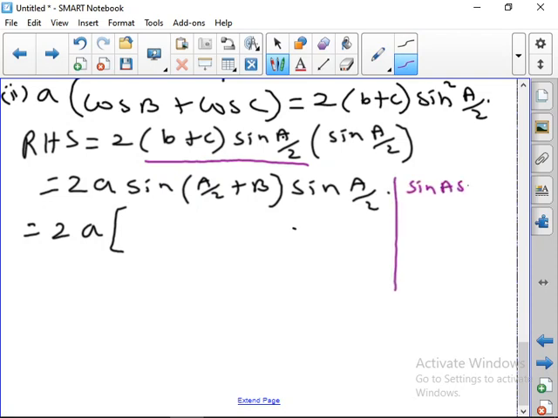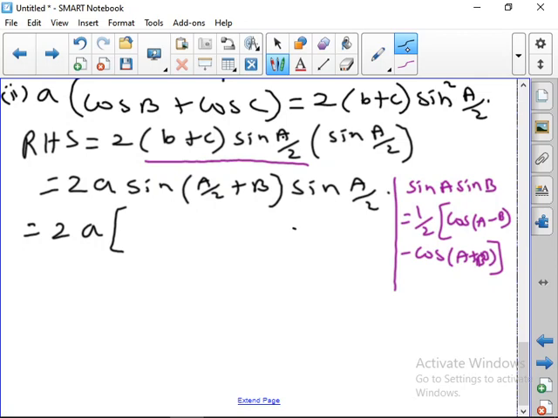Sin A sin B is equal to 1 by 2 into cos A minus B minus cos A plus B. So this result we are going to use now. Okay. So what do we get? Upper 2A into, what do we get here?